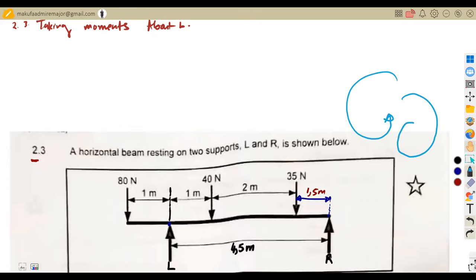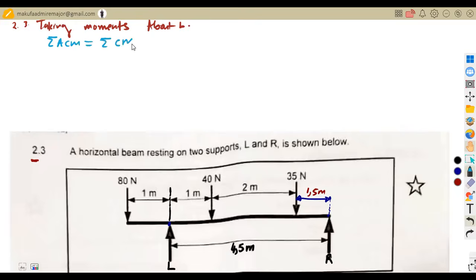So in this case, R is going this side, it's going in an anti-clockwise manner. So meaning to say we can refer to the sum of the anti-clockwise moments being equal to the sum of the clockwise moments. Here the formula, you can start with this side or this side.